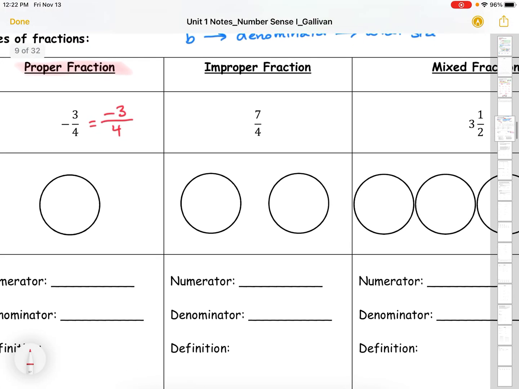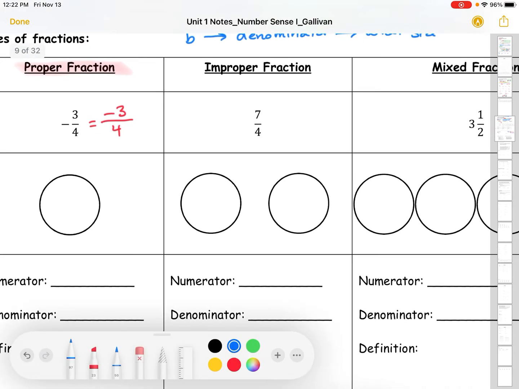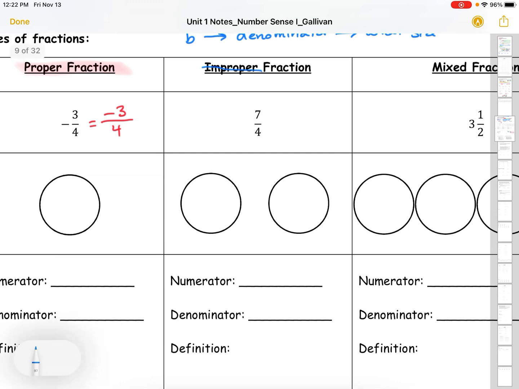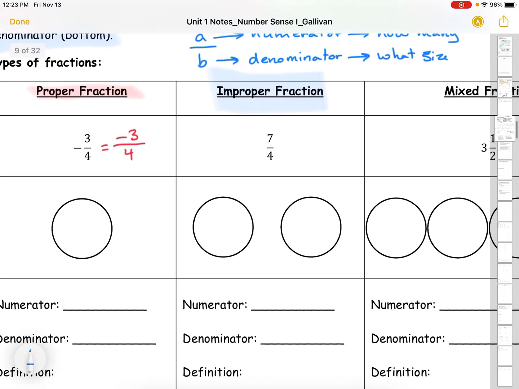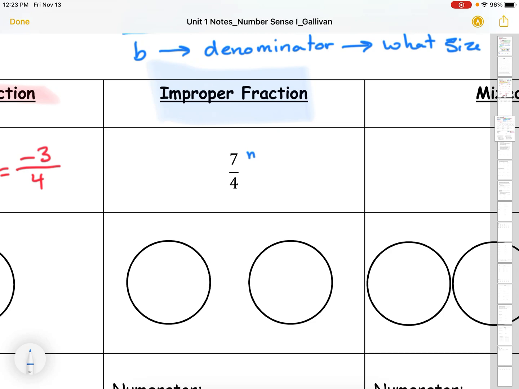We also can have something called an improper fraction. What's improper about this is that the top is greater than the bottom. So with this improper fraction, the numerator is larger than the denominator.